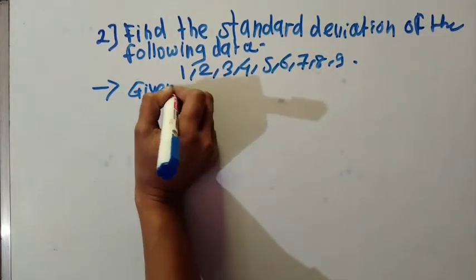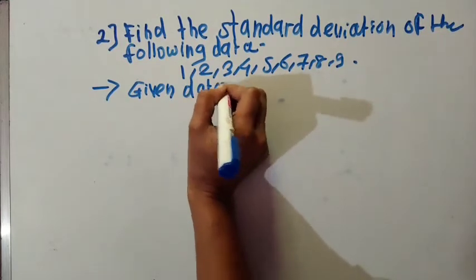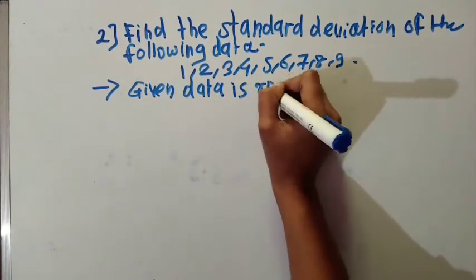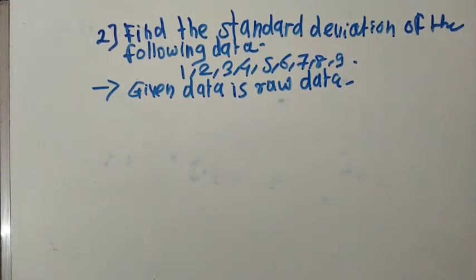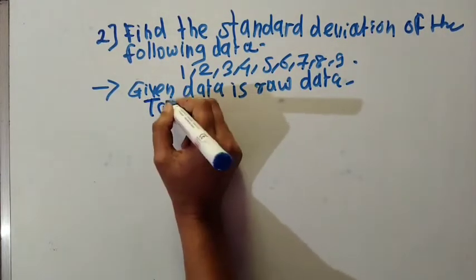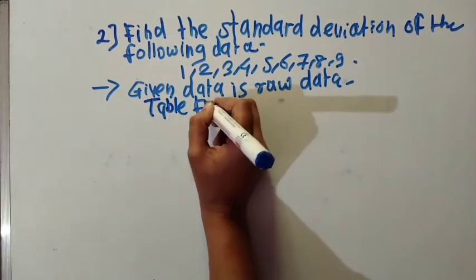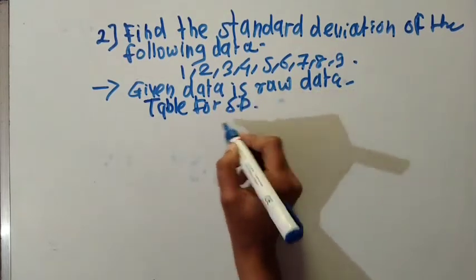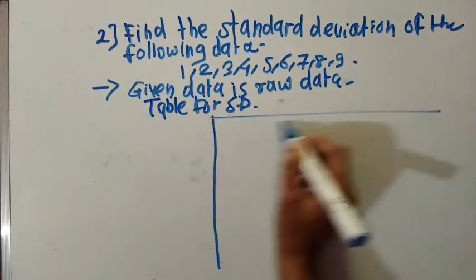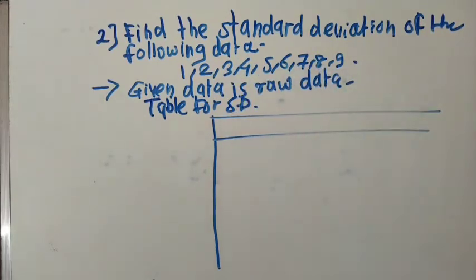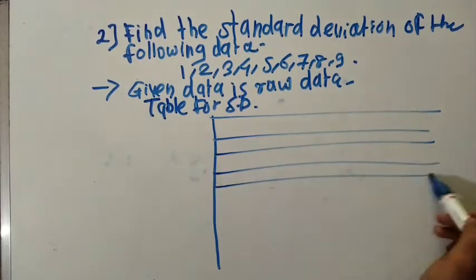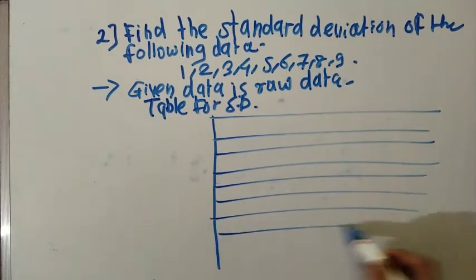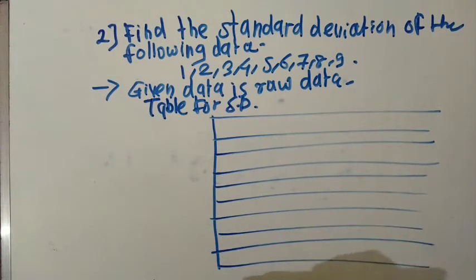In the given data there is no grouping, so this data is raw data. So first draw this table to find out the standard deviation.